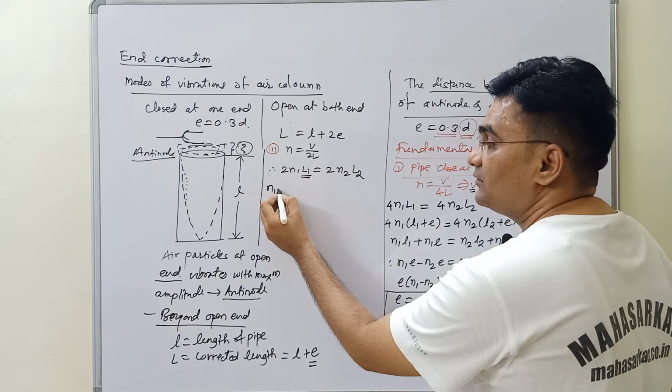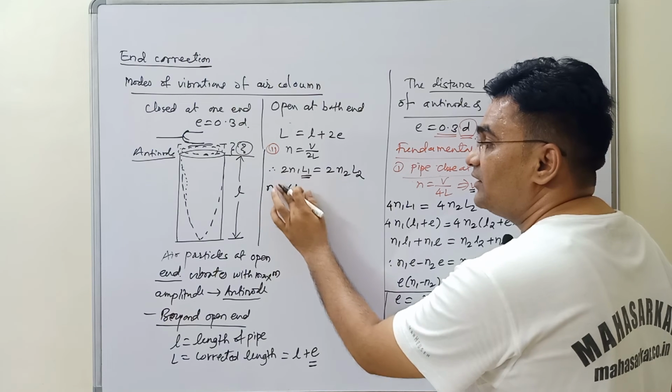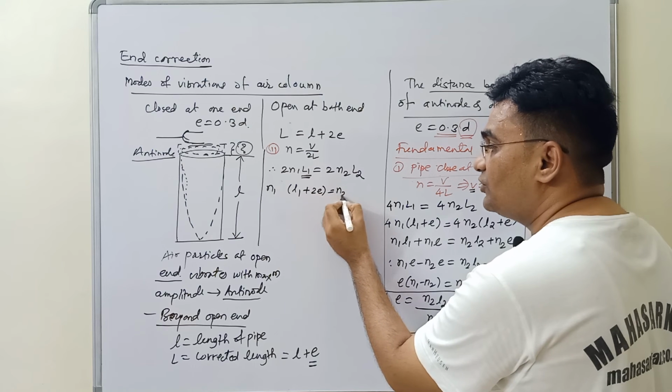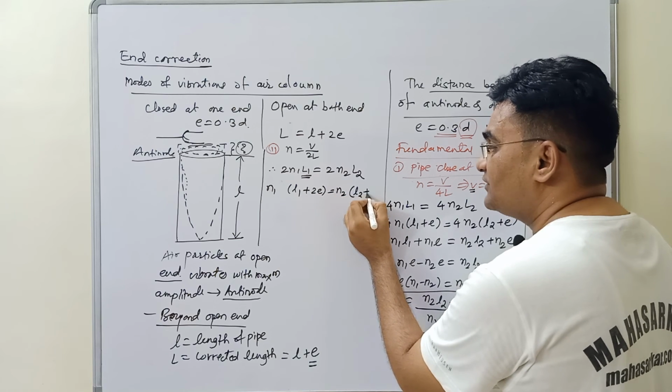So N1 (L1 plus 2E) equals N2 (L2 plus 2E).